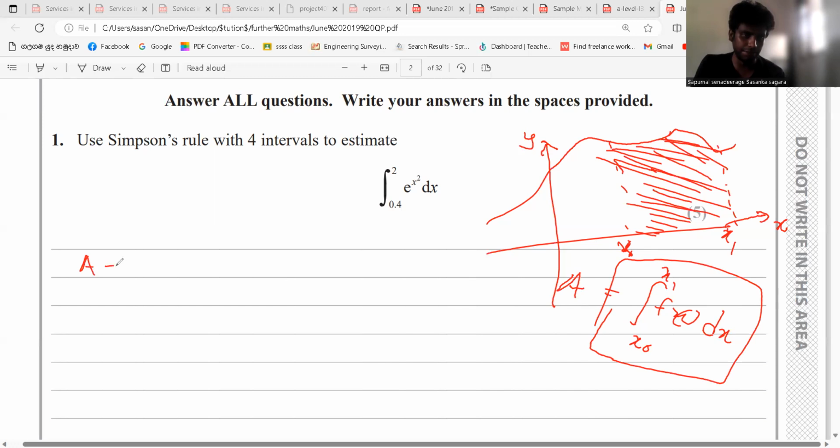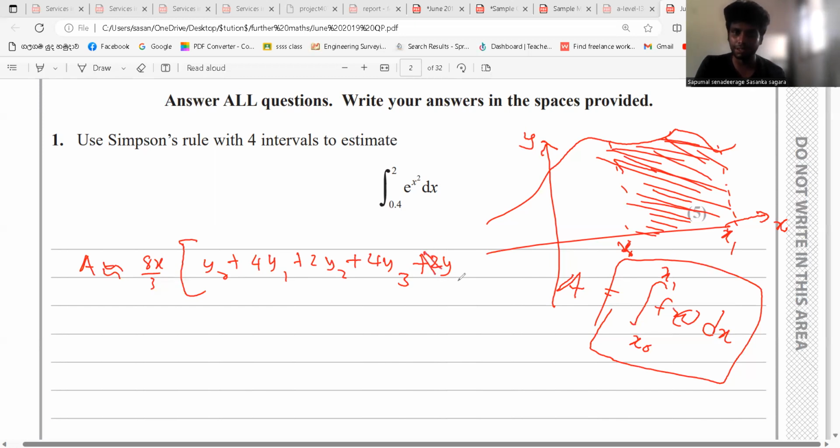This area can be found out approximately as delta x over 3 times, and I'll discuss what these parameters I have assigned are: y0 plus 4 times y1 plus 2 times y2, plus 4 times y3 plus y4. We were asked to pick only 4 intervals, 1, 2, 3, 4, right?